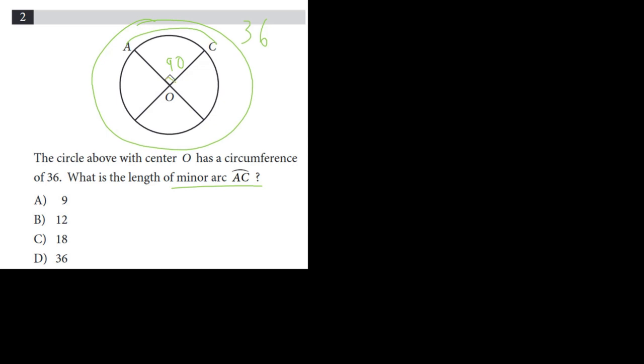And so we're going to set up the tic-tac-toe board like before. So it's going to be equals, and we're going to have the small part, then we're going to have the whole, and then we're going to have the circumference, and then we're going to have the angle.